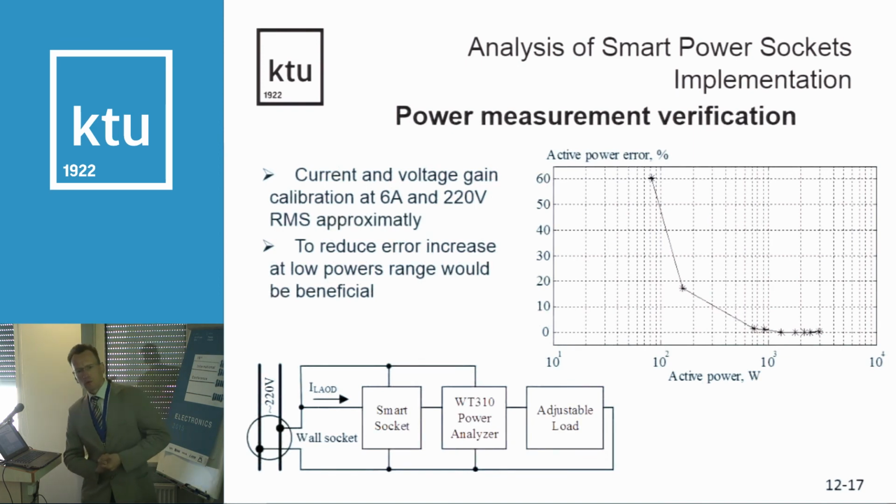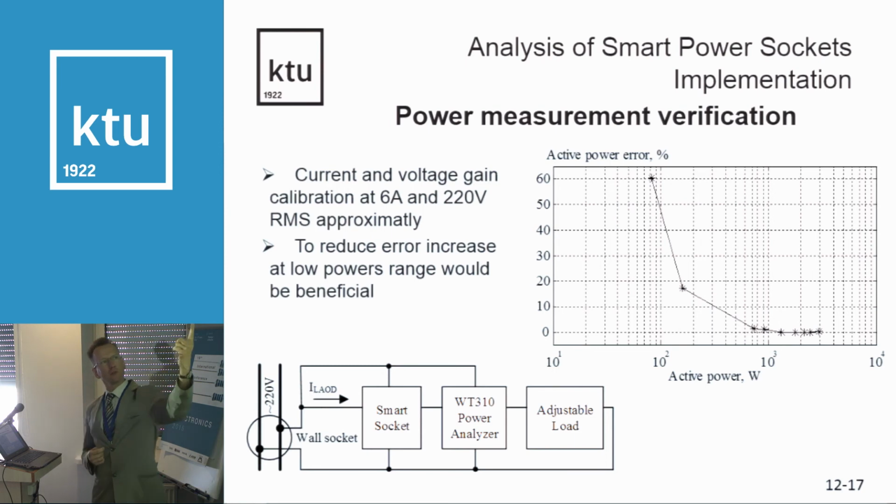Towards the end, we did the power measurement verification also only on the active power, with the reference instrument, a power analyzer from Yokogawa. We first calibrate that power socket and then try to measure after calibration, and draw the errors or mismatch of the readings of that power socket and the reference instrument.